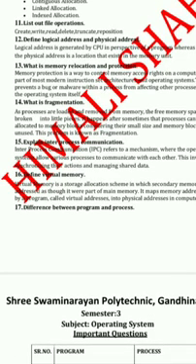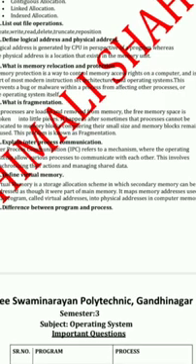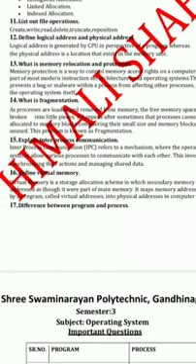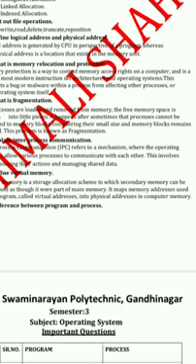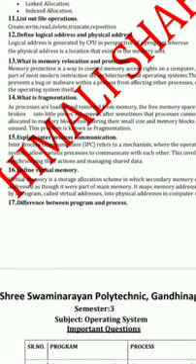Next, explain inter-process communication. Inter-process communication is also known as IPC. IPC refers to a mechanism where the operating system allows the various processes to communicate with each other. This involves synchronizing their actions and managing the shared data.